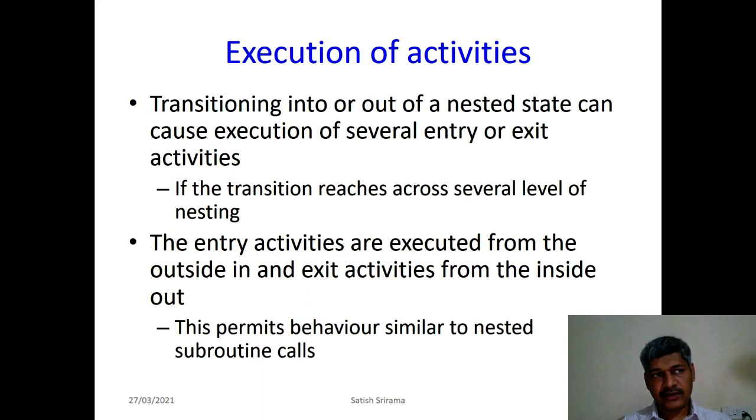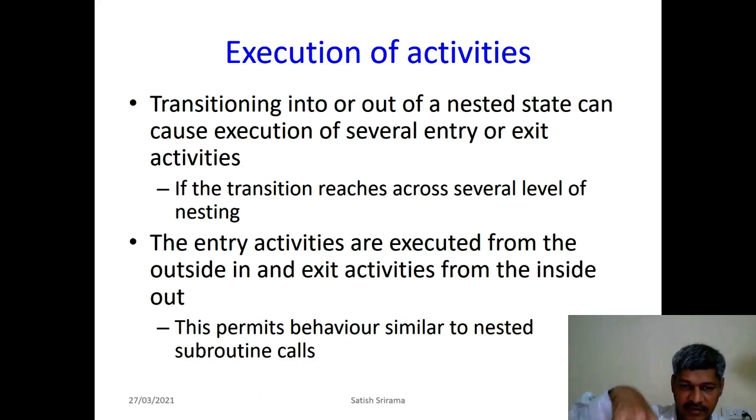Then, on transitions into a state, we have already seen that when we go into a state, there are entry and exit activities. When you go into a state, the entry activities will be executed. When you are moving out, there will be exit activities, which we have discussed already. Transitioning into or out of a nested state can cause execution of several entry or exit activities.